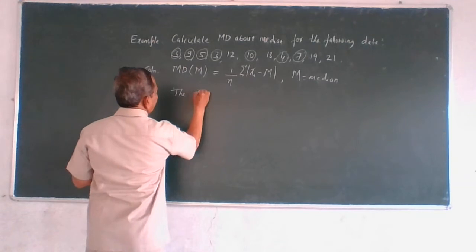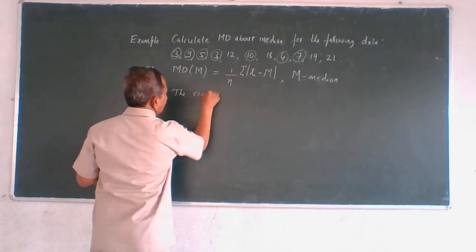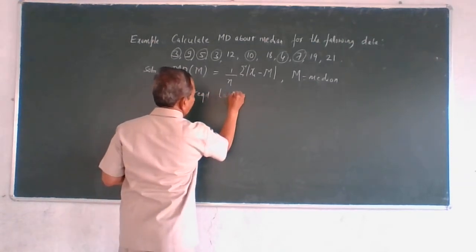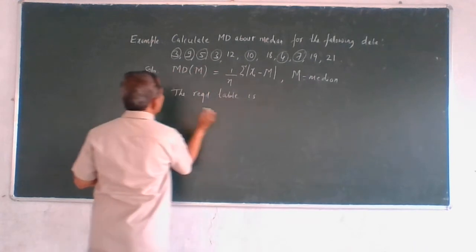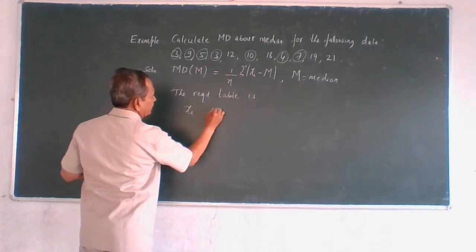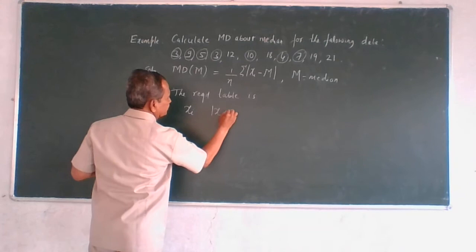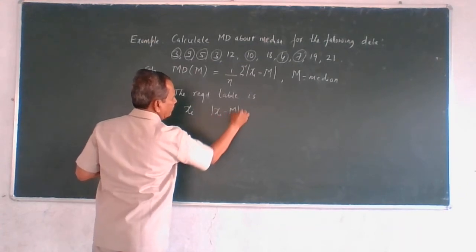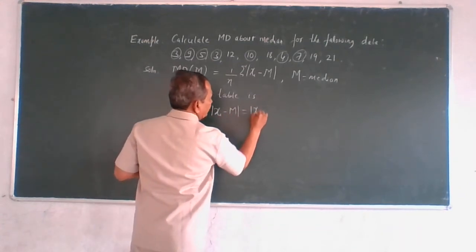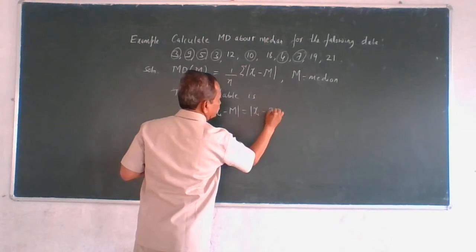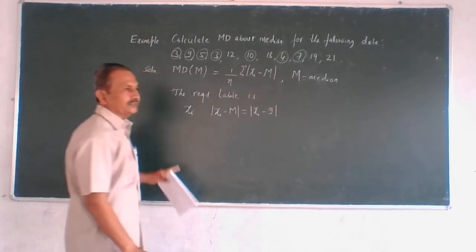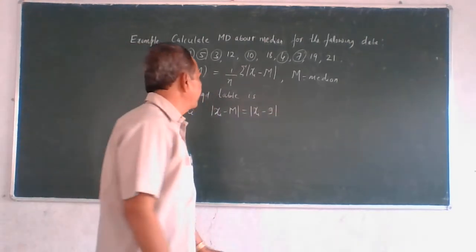the required table. So we require xi and modulus of xi minus 9, where m is 9.